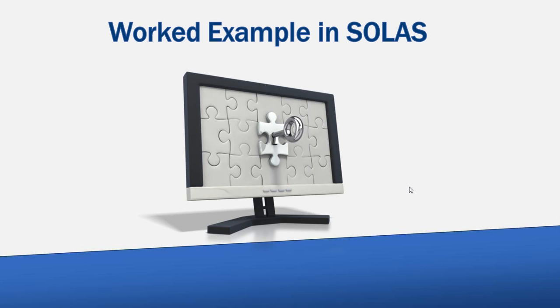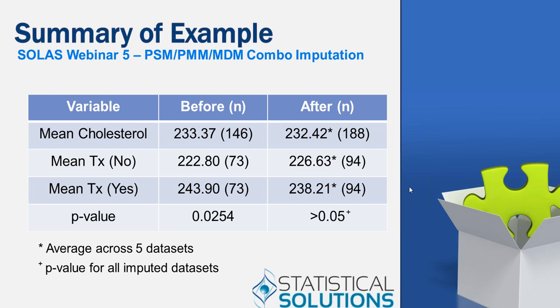Just going back to my slides, a quick summary of that example. When we looked at the mean cholesterol value before and after imputation, it went from 2.33 with a sample size of 146 to 2.32 with a sample size of 188, so a slight drop.